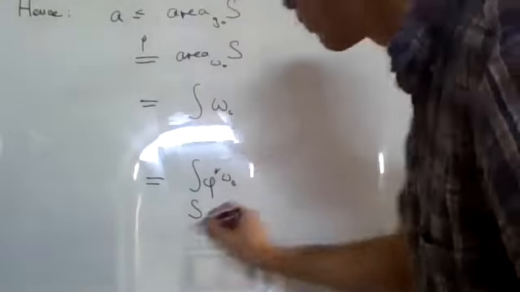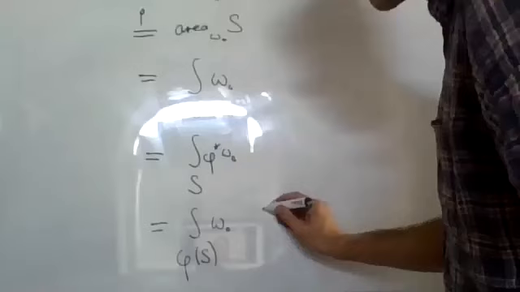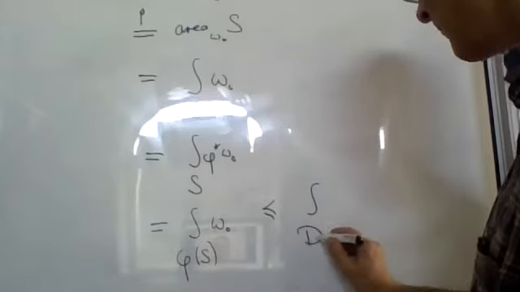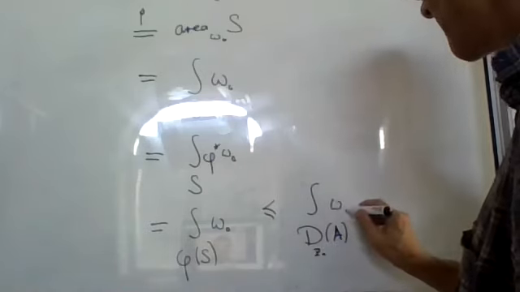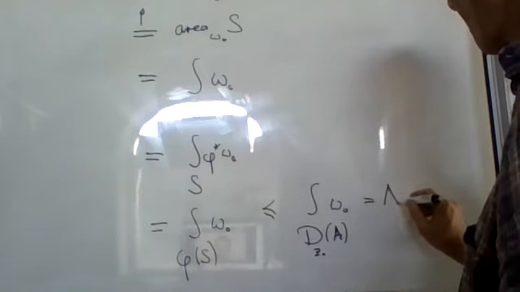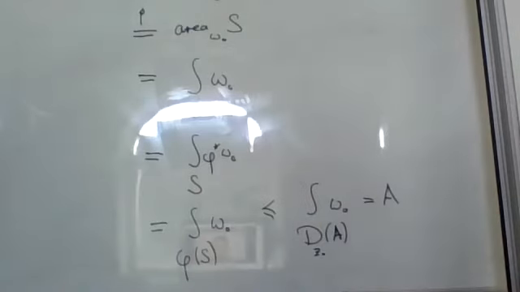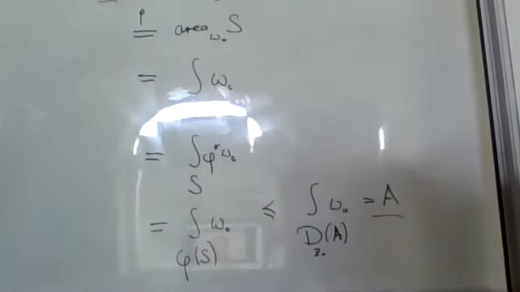So now I do a coordinate change. Then we know that phi of S is in this disk, through the point. But this is of course A. And that's it. So A is less than A. That is Gromov's theorem.